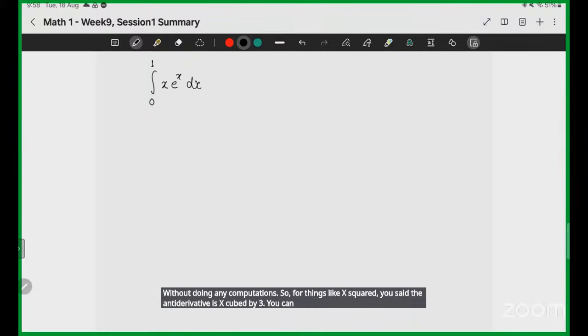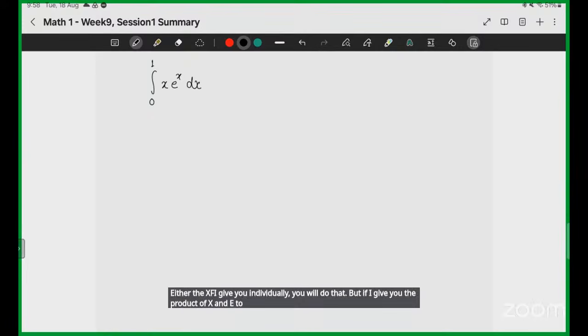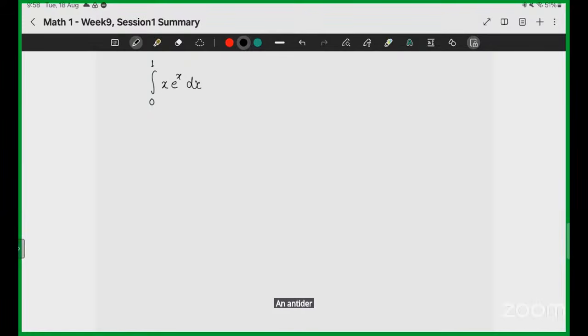You can do that for any x to the n. E to the x, if I give you individually, you will do that. But if I give you the product of x and e to the x, can you come up with an antiderivative on the spot? It might not be that easy.